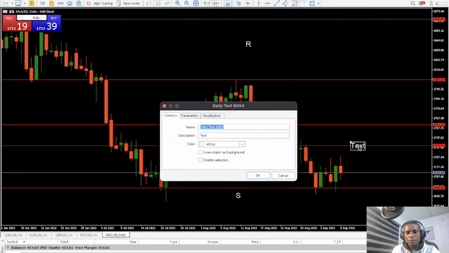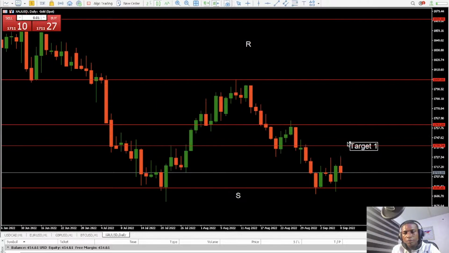Okay, this level can be our target 1, and this level can be our target 2.